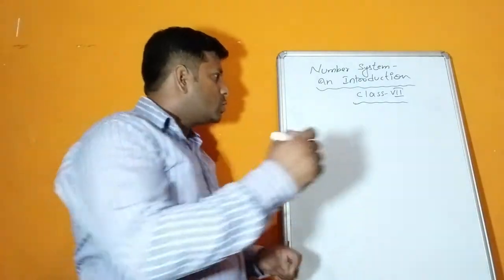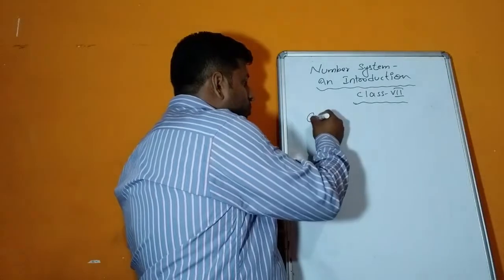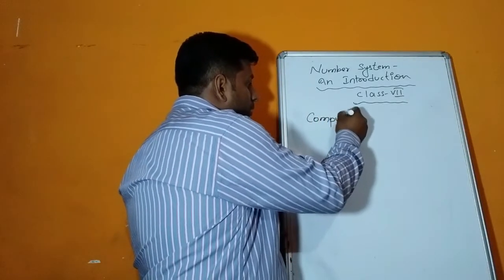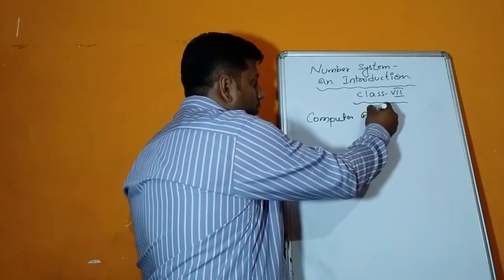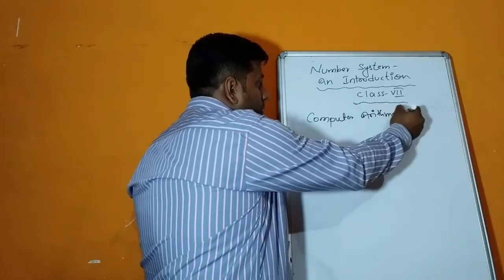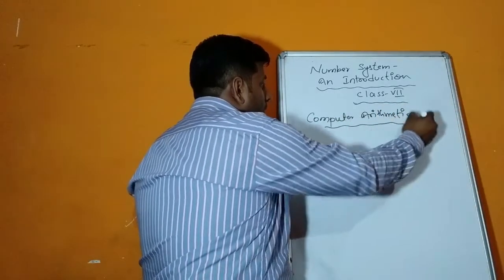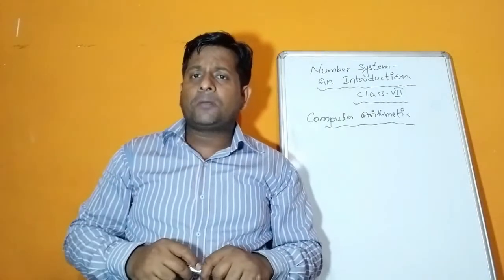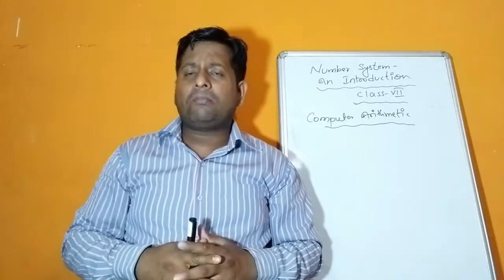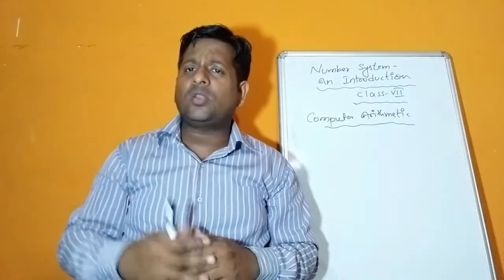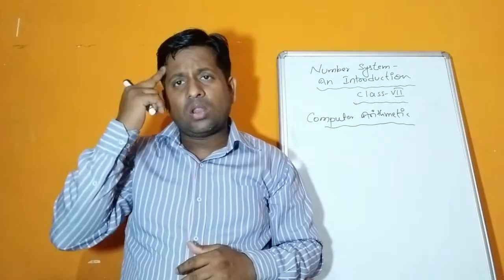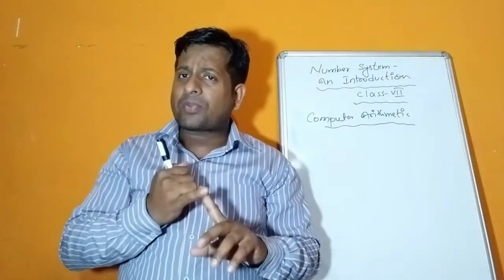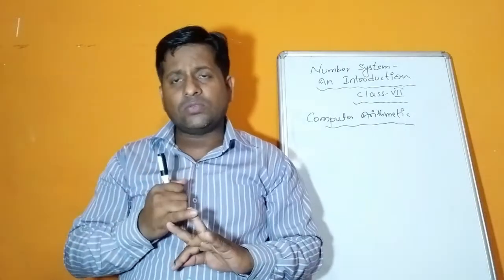So children, today we'll be learning some more calculations based on binary numbers or binary bits. Today we'll be learning computer arithmetic. Arithmetic is the mathematics part. You know the basic mathematical calculations which you did in your lower classes: addition, subtraction, multiplication and division.